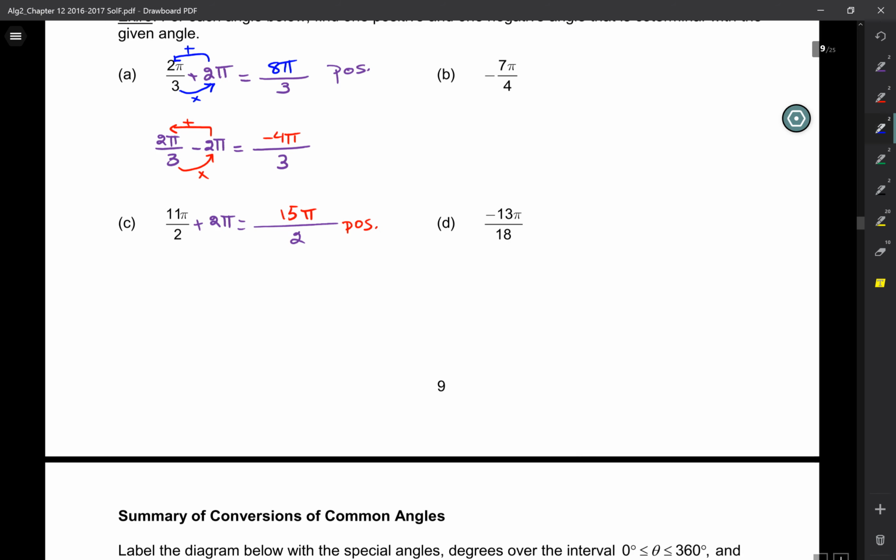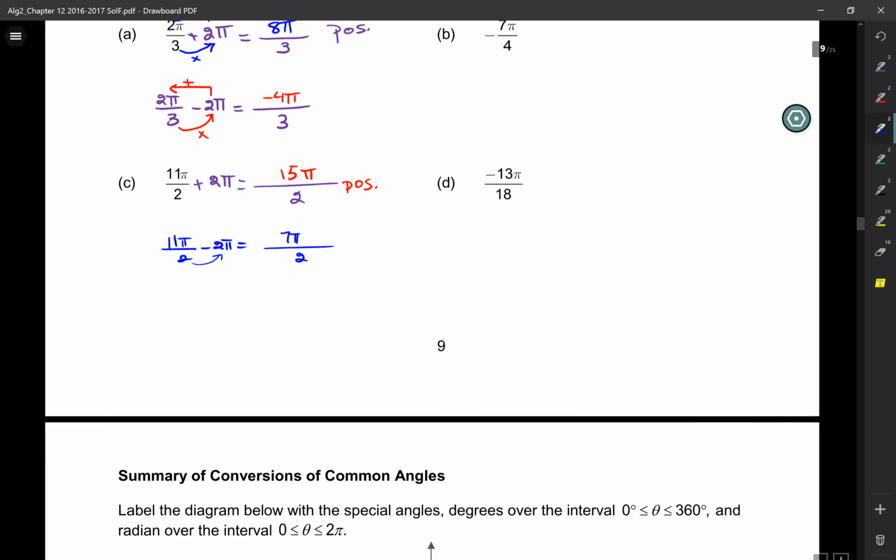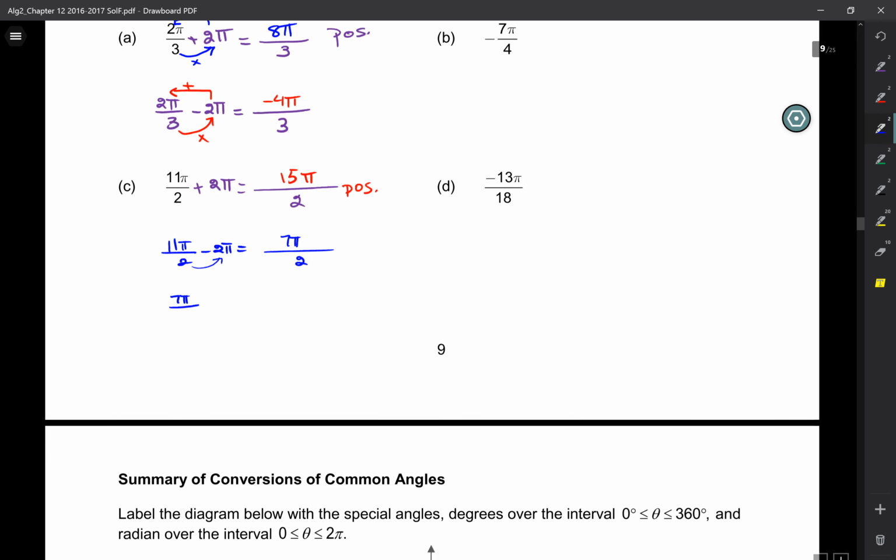And let's do the negative one. 11 pi over 2 minus 2 pi. It's over 2, so it's going to be negative 4 plus 11, 7 pi over 2. That's not negative, so let's do it again. 7 pi over 2 minus 2 pi, negative 4 plus 7, 3 pi over 2.